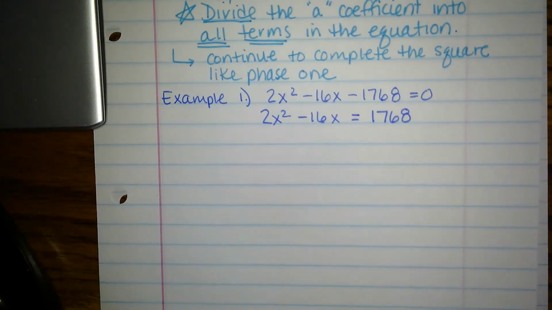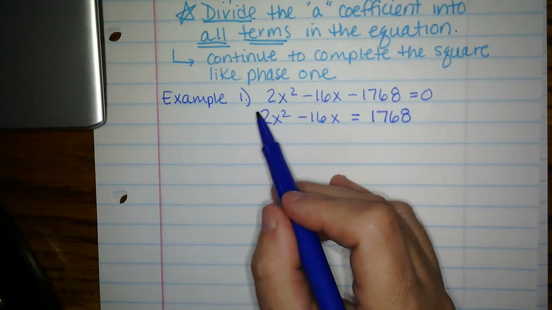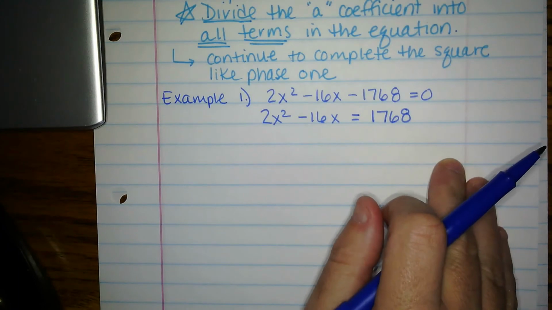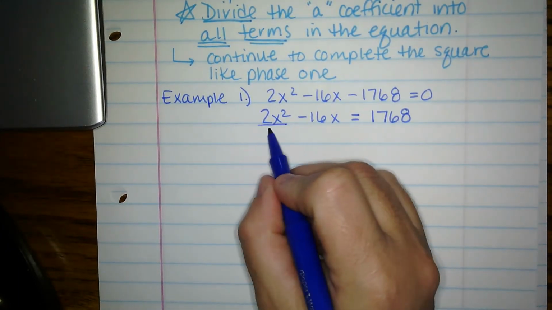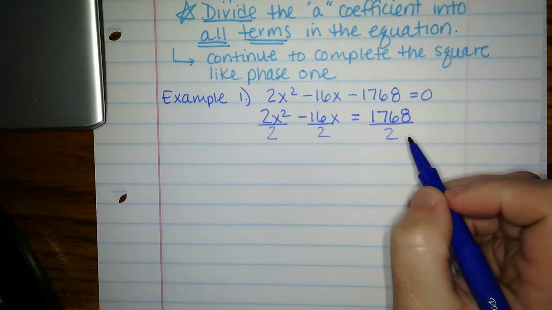The next step is I need to handle this coefficient here. Whatever number is in the front, whatever this a value is, that's what you have to divide everything by. What makes phase two so glorious is that when I divide this by 2 and this by 2 and this by 2, they're all even numbers.